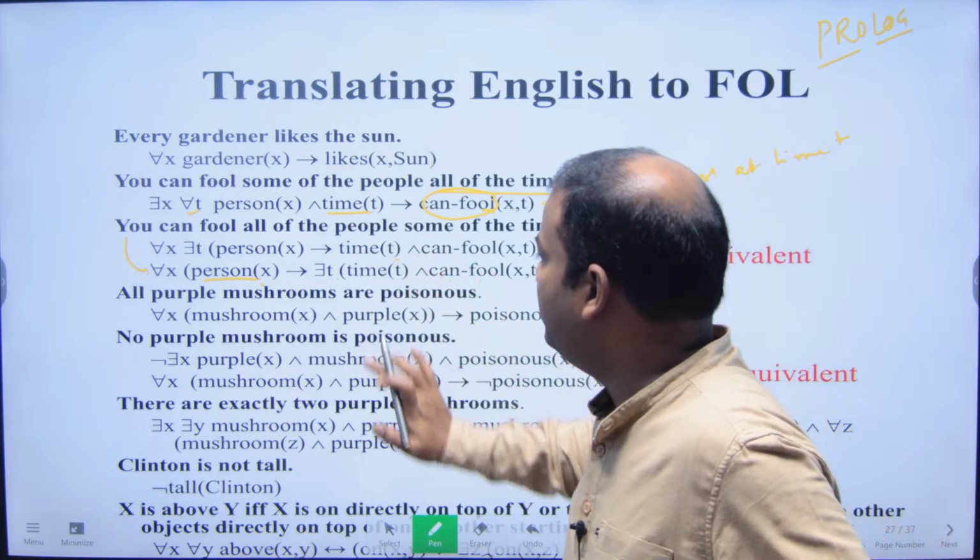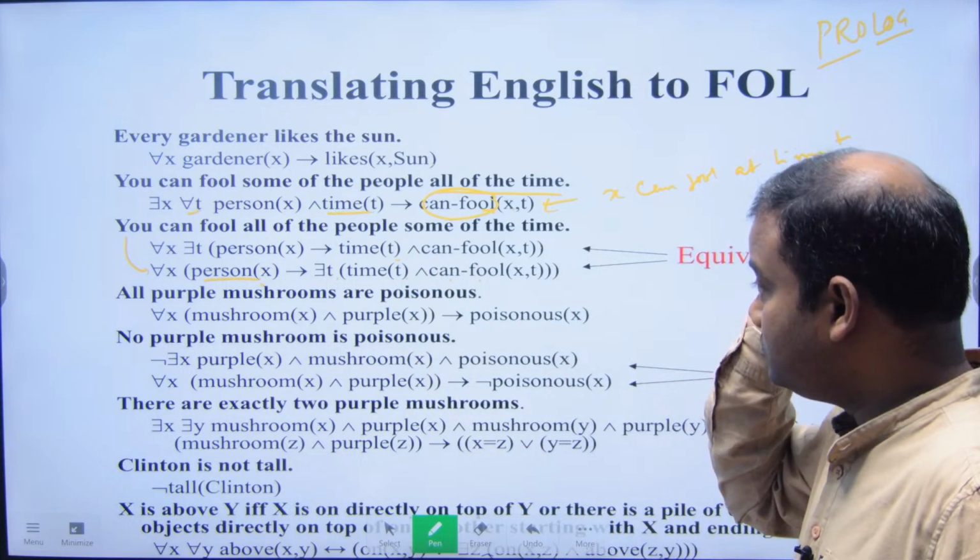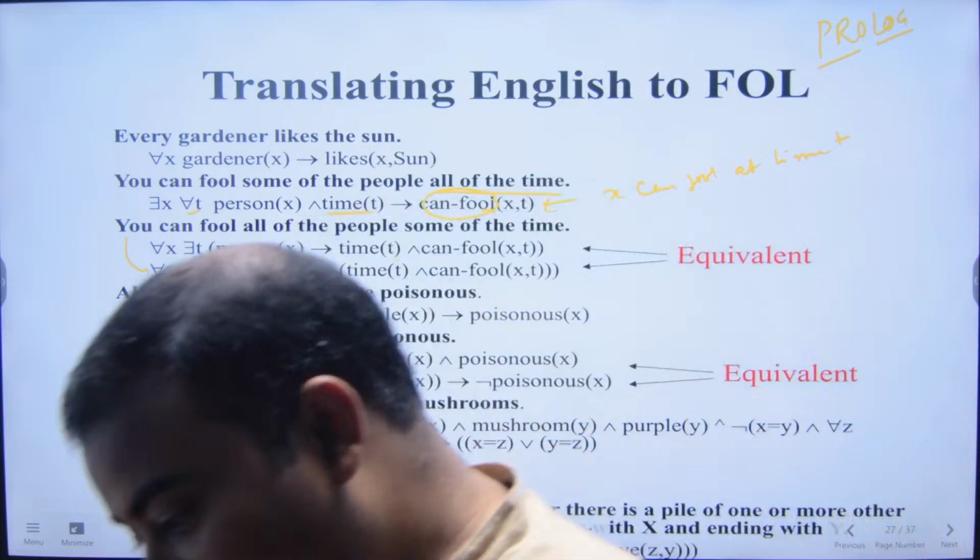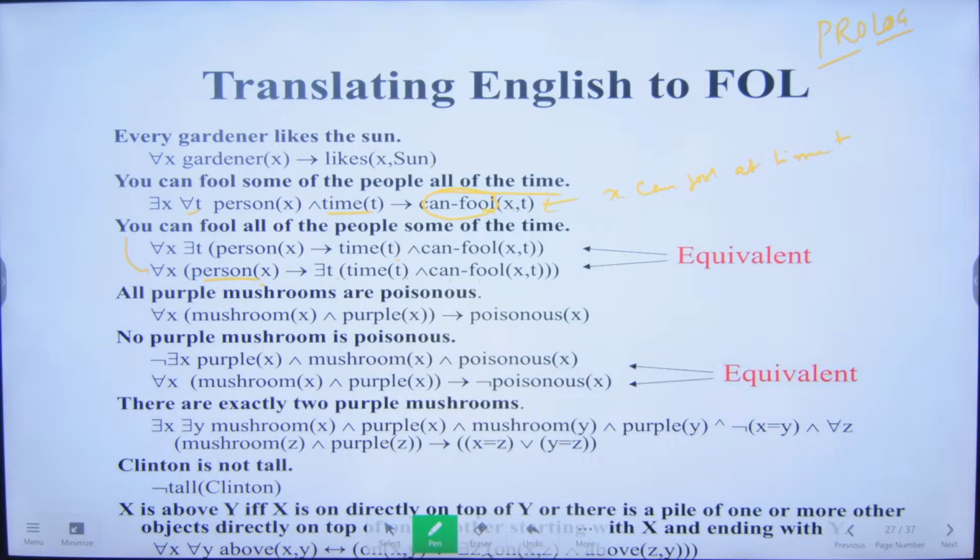Now come to this one. So this one is wrong. This one is not wrong. Actually, this is not making a meaningful sentence. This is not giving a wrong representation. This is somehow correct, but what is the issue with this?